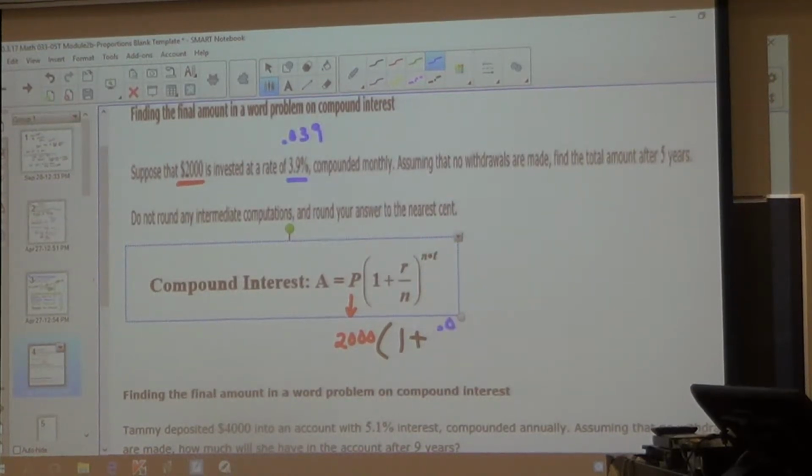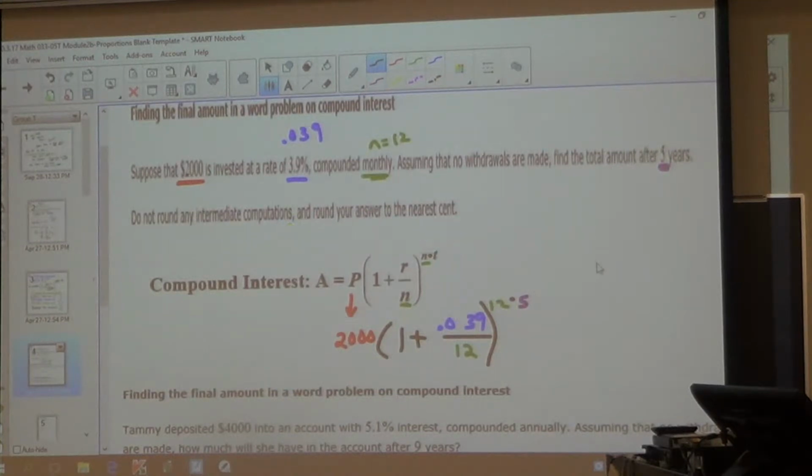So that's going to be 0.039. N is how many times it's compounded. This one is compounded monthly, so what is my N going to be? 12. And notice how I have 2 N's. So I put 12 there and 12 up there. T is my time, so my time is going to be 5.